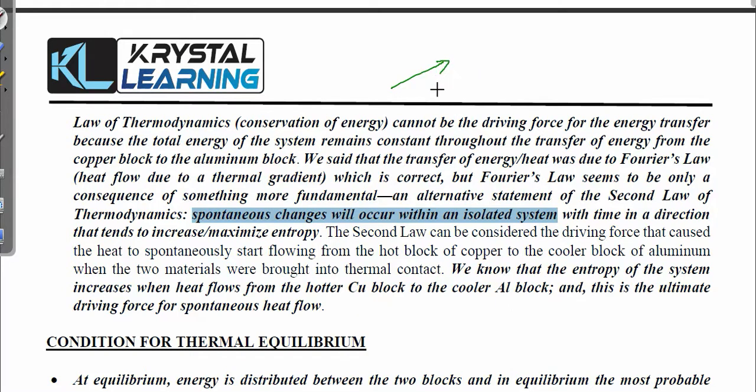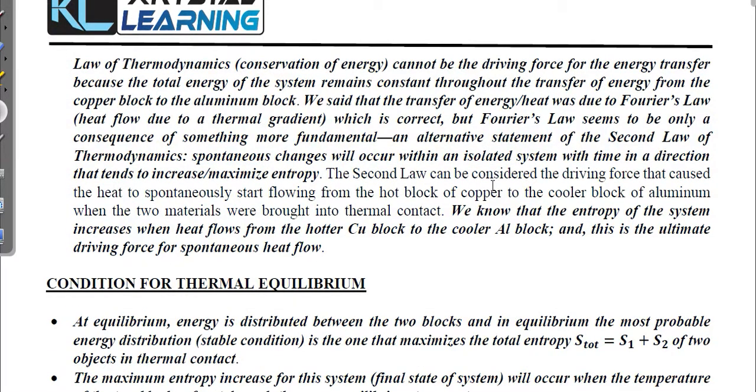A spontaneous process will occur in the direction where entropy is maximized, which we have studied in entropy. Therefore, the second law can be considered the driving force that caused the heat to spontaneously start flowing from the hotter copper block to the cooler aluminum block when the two materials are brought into thermal contact, because the second law is able to tell from which block the heat transfer will occur.